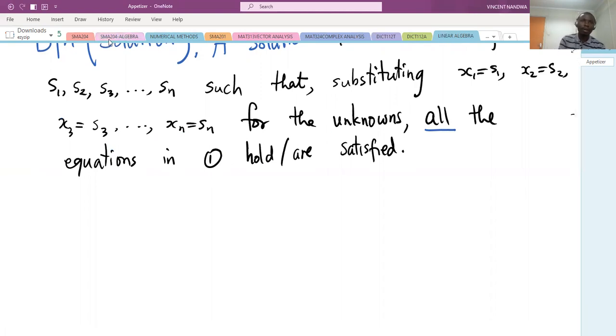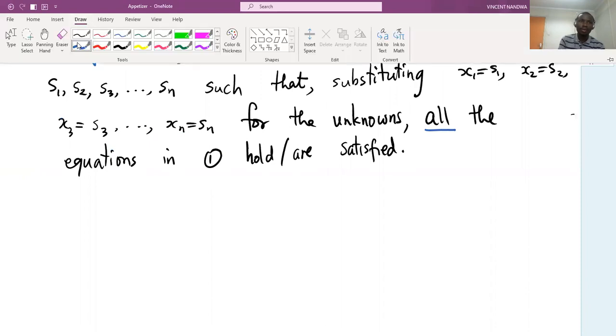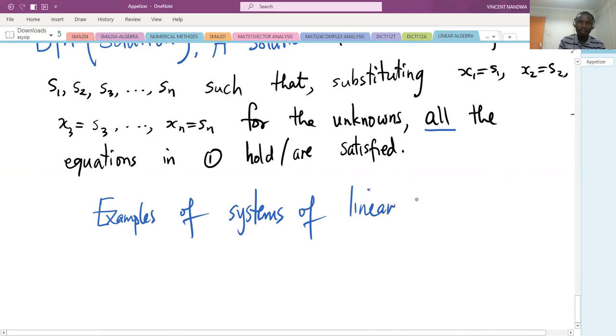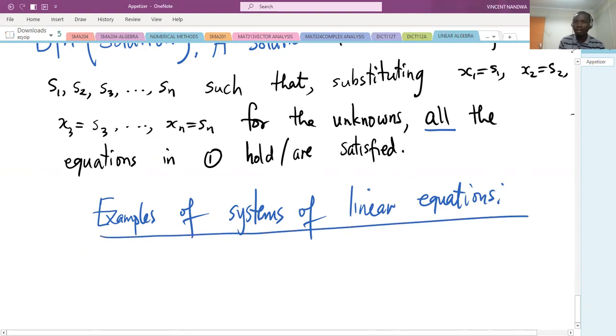So just a few examples of systems of linear equations. Starting with what you already did in high school, simultaneous equations. Those are examples.